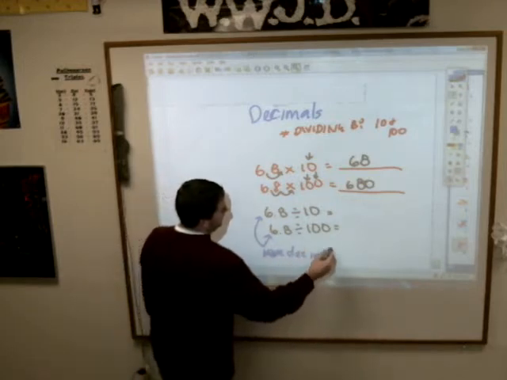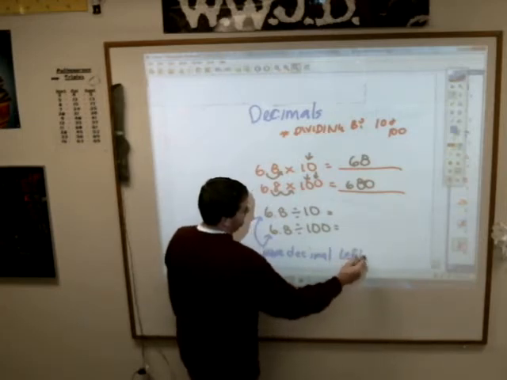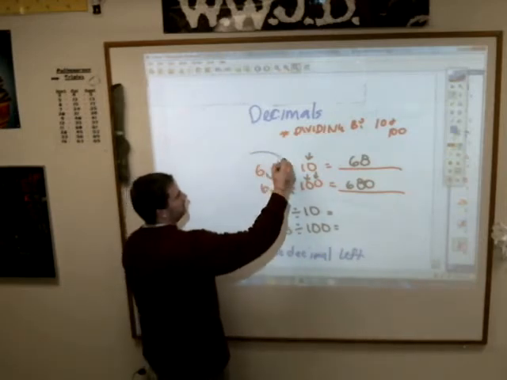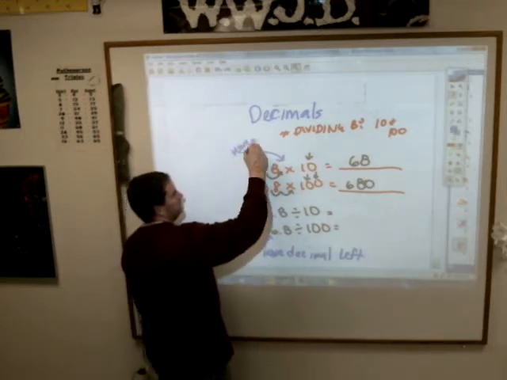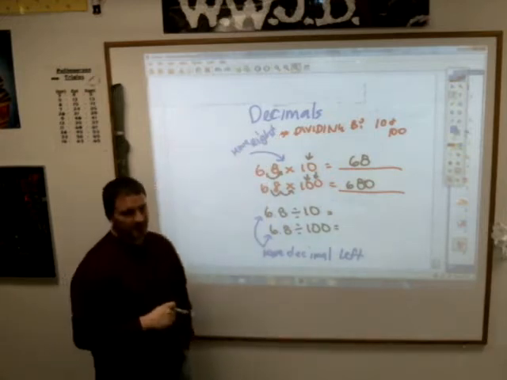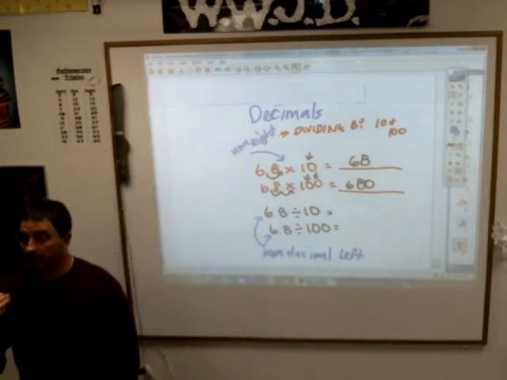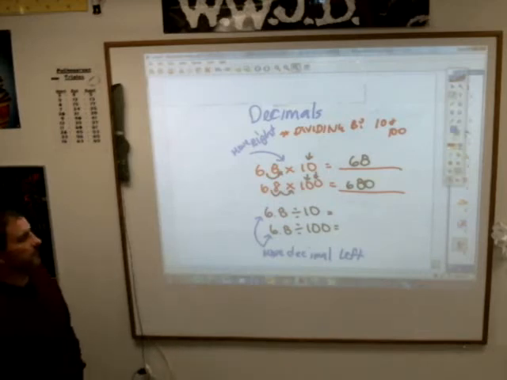You're still going to move the decimals, but this time you're going to move them left. With multiplication, you move to the right. With division, you move them to the left. That only makes sense because when you multiply, numbers generally get bigger, and when you divide, numbers generally get smaller.